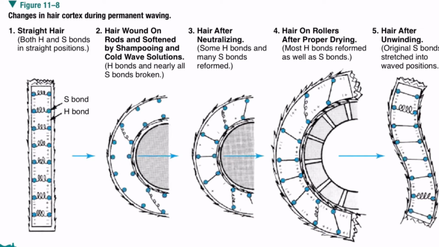Figure 3 shows hair after neutralizing. Some hydrogen and some sulfur bonds are reformed. In figure 4, the hair has dried, so most hydrogen bonds are reformed as well as sulfur bonds. And then 5, that's after winding. The original sulfur bonds are stretched into waved positions. So that's how perming works.